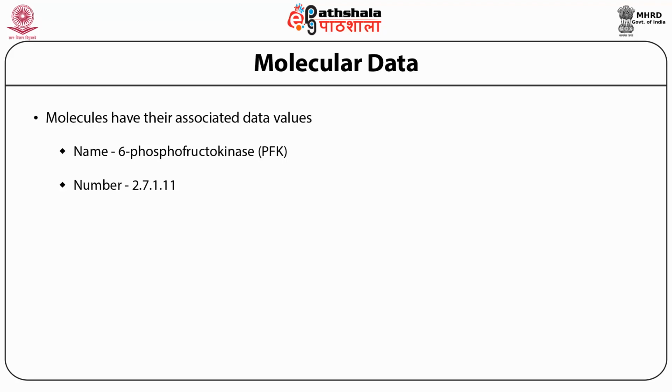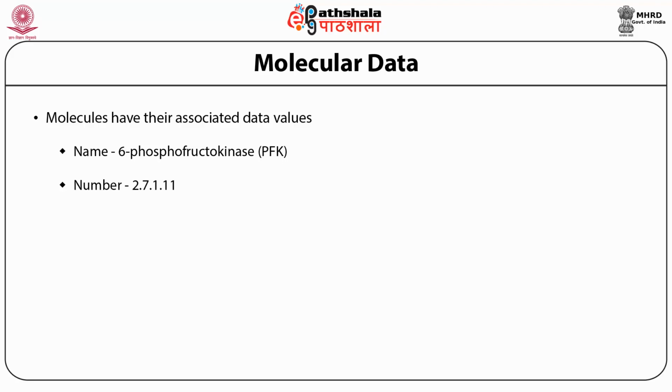The third number is 1 in this case, and it is reserved for all phosphotransferases which transfer a phosphate group to a substrate which has an alcohol group as acceptor of the phosphate. And finally, the fourth number, the number 11 in this example, conveys that it is the 11th enzyme in the list of all known in this group defined by first 3 numbers.